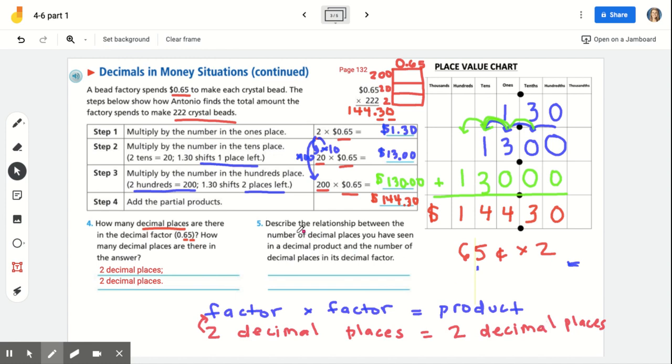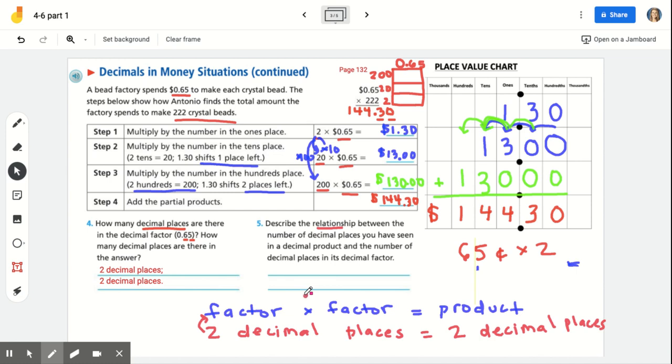This is asking, describe the relationship between the number of decimal places you have seen. Sorry, let me read that one more time. Describe the relationship between the number of decimal places you have seen in a decimal product and the number of decimal places in its decimal factor. We have seen the number of decimal places in the factors should be the number of decimal places in our answers or our products.